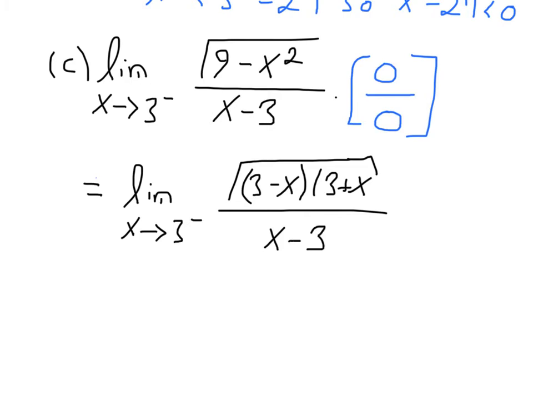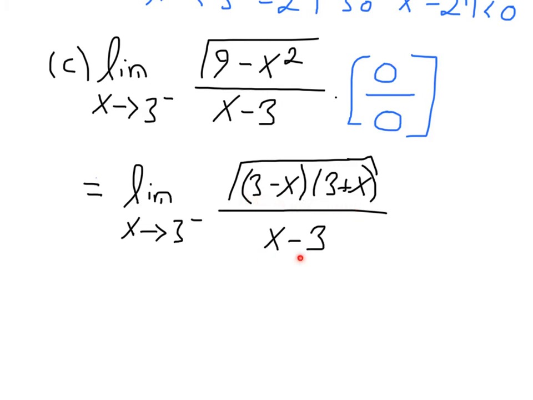Alright, well, we might wonder what to do now. It seems that what we should probably try to do is somehow cancel, if possible, this x minus 3 in the denominator with something in the numerator.